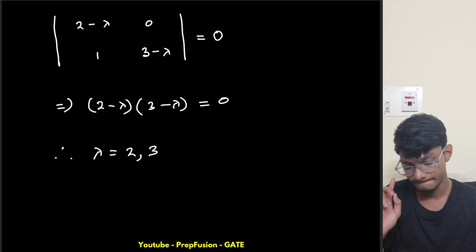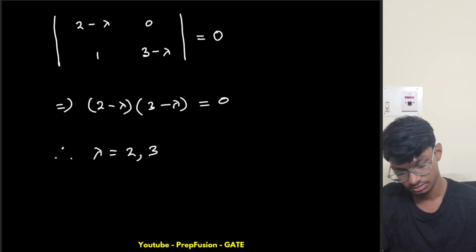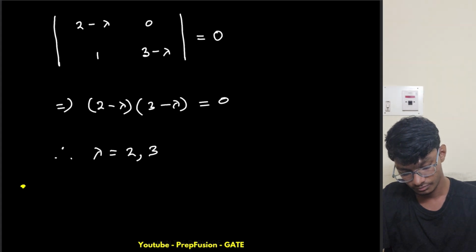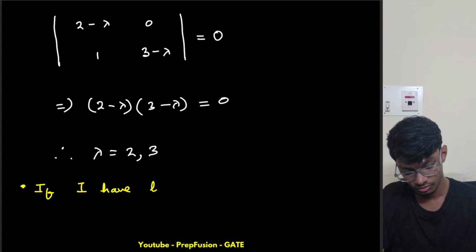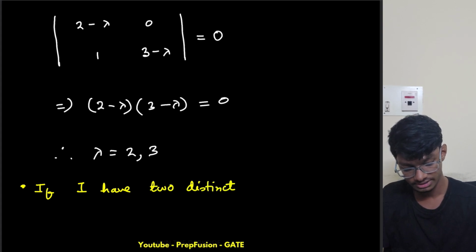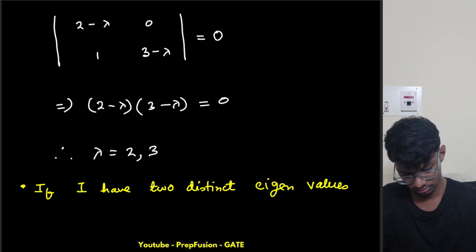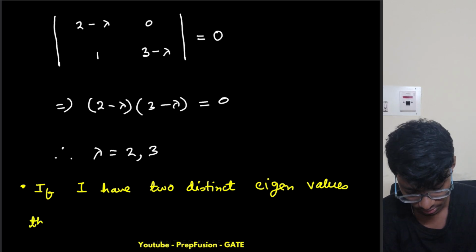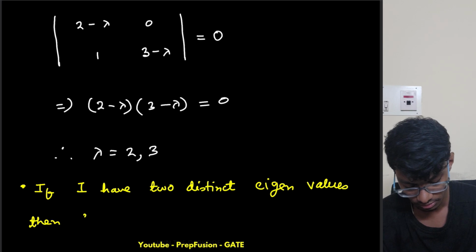So the point to note here is, if I have two distinct eigenvalues, then the eigenvectors will also be distinct.